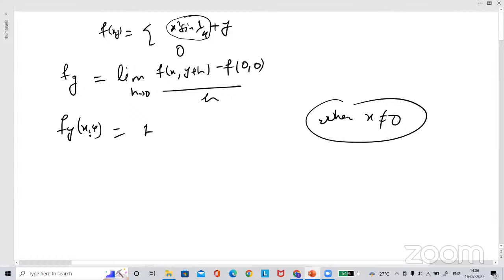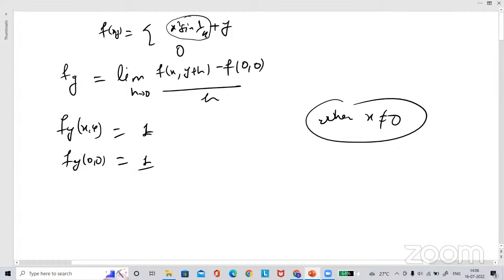Once you did this, you got the partial derivative as 1, assuming x is non-zero. So what would it be at 0? Here is the problem. It is not necessarily 1.